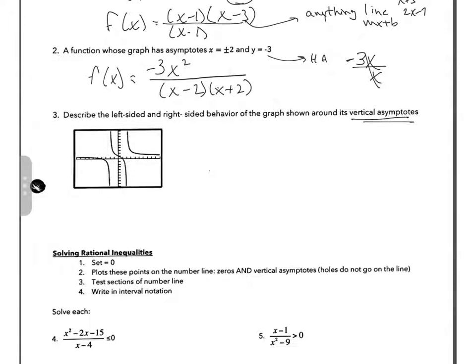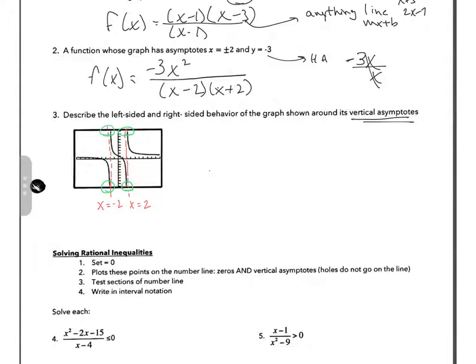And you can't really tell on this graph because it's a picture from the calculator, so it's hard to tell. We have a vertical asymptote at x equals negative 2 and a vertical asymptote at x equals positive 2. So we are going to talk about these four ends.